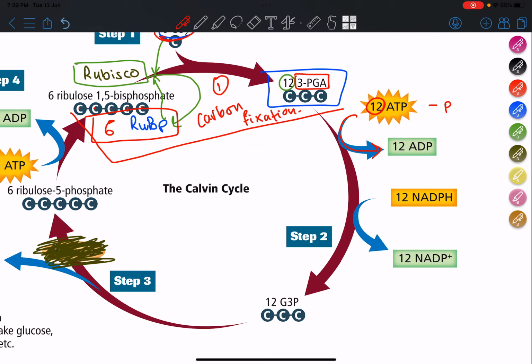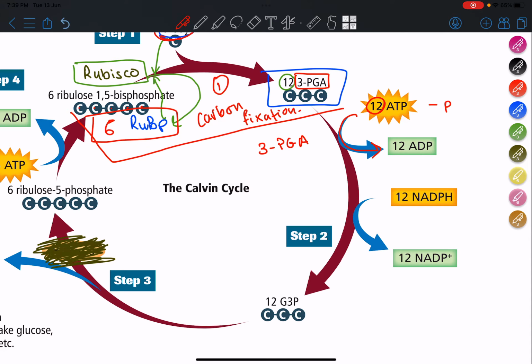Here we're going to transfer the energy from the ATP and NADPH to the 3 PGA. How? We'll have 12 ATP. They will lose 1 phosphate and they will give it to the 3 PGA. So the 12 ATP turn into 12 ADP because they all lost their phosphate and gave it to the 3 PGA.